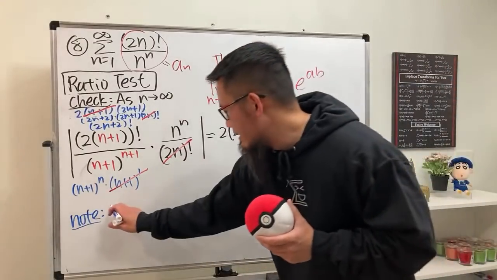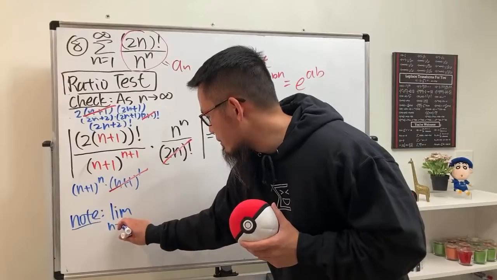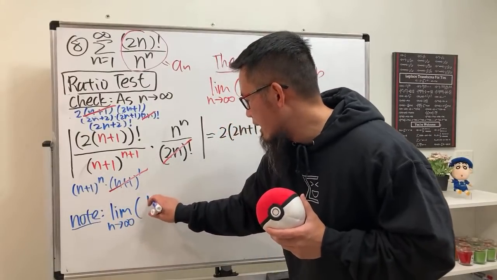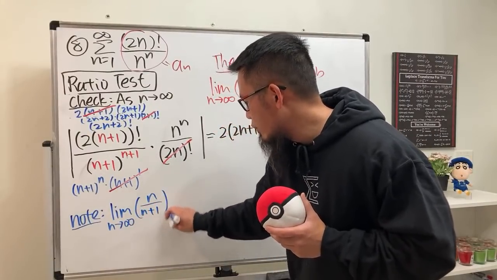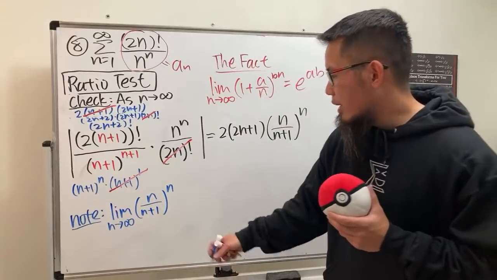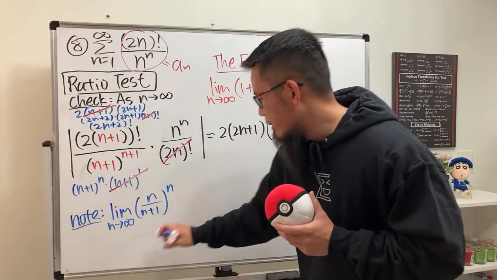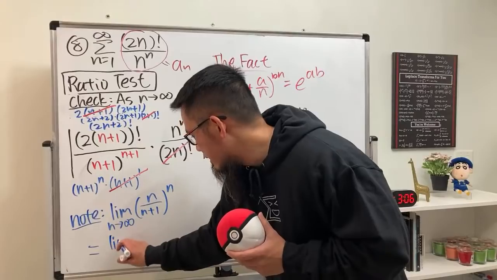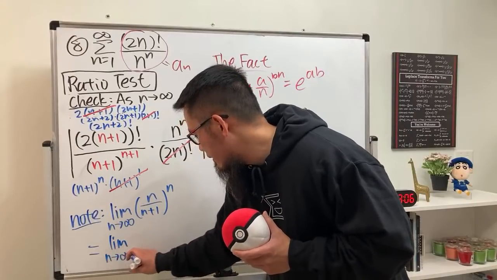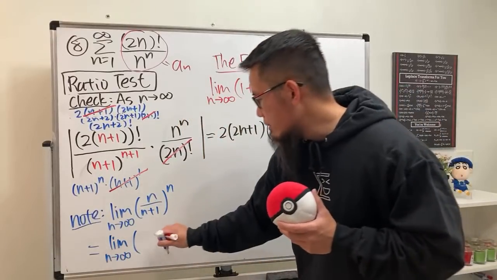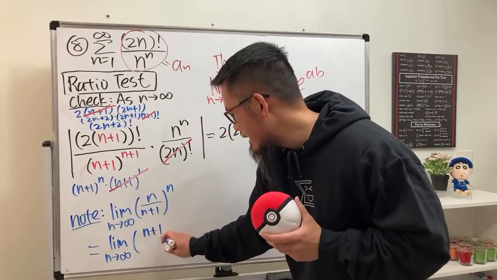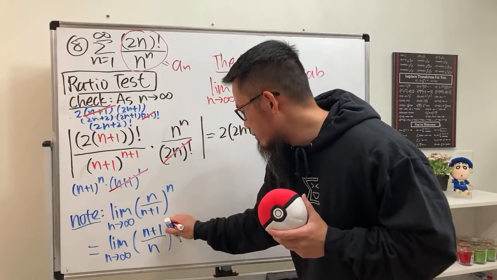If you look at this, the limit as n goes to infinity, just that part, n over n plus 1 raised to the nth power. You can write this down as the limit as n goes to infinity. Do the reciprocal, so you have n plus 1 over n, raised to the negative nth power.